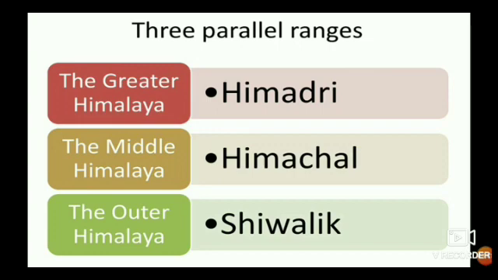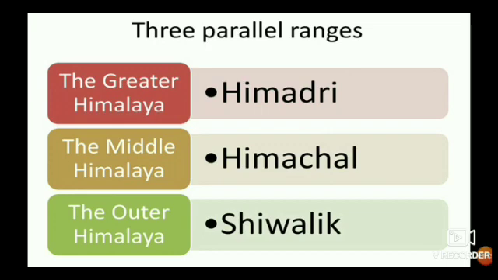They are the Himadri, the Himachal and the Shivaliks. The greater Himalayas are called Himadri. The greater Himalayas contain the tallest mountain ranges. Next, the middle Himalayas consist of mountain peaks of average height.